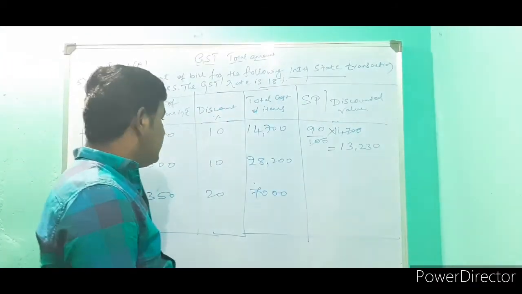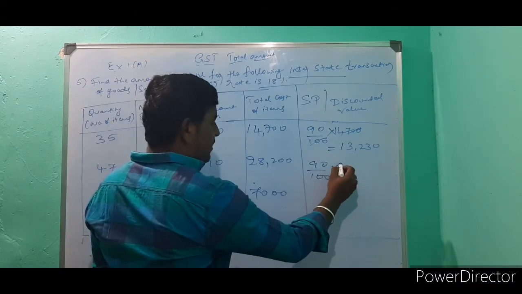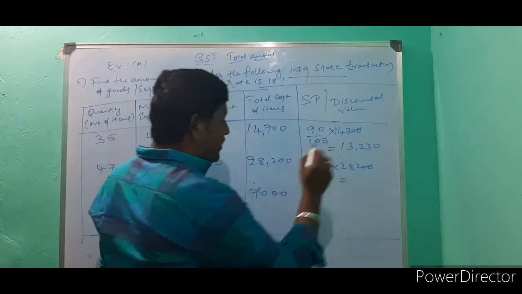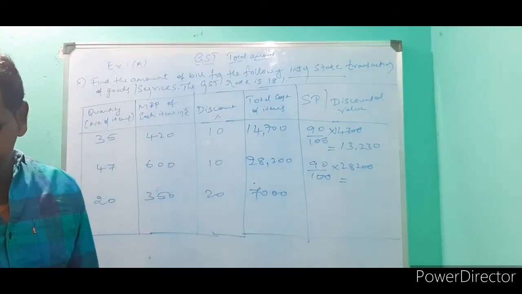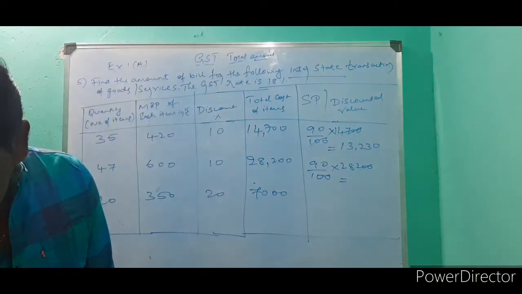Next, 10% again: 90 divided by 100 into 28,200. Two zeros cancel. If you multiply 90 into 282, you will get 25,380.